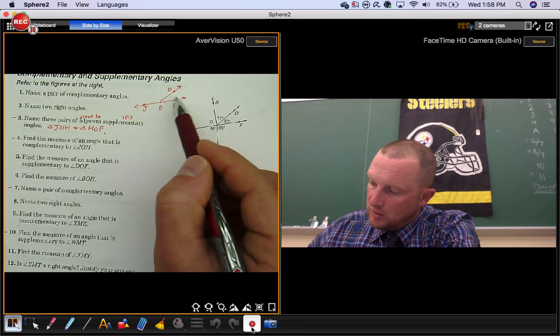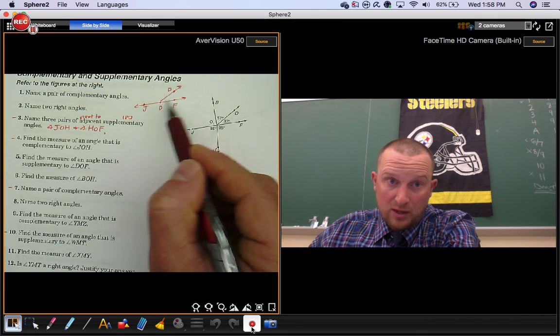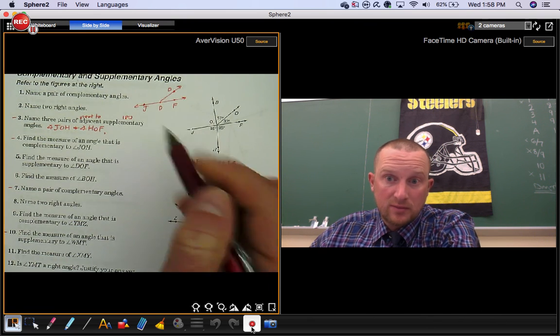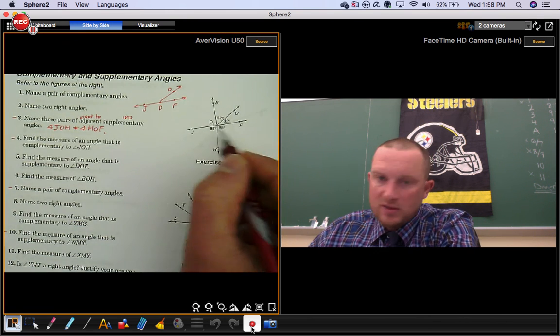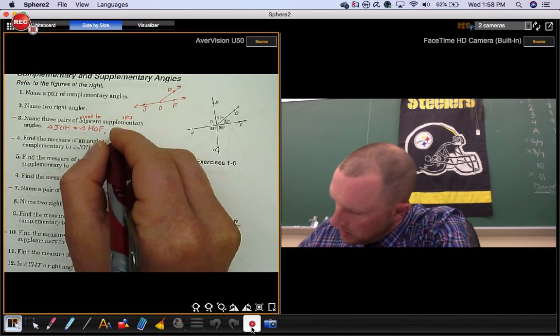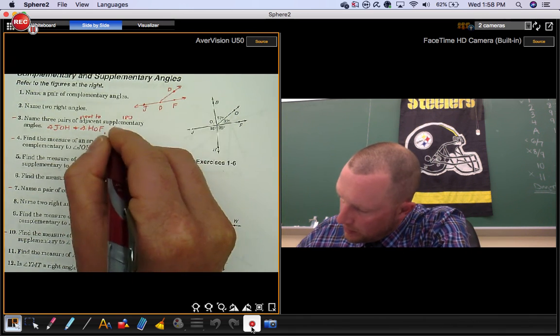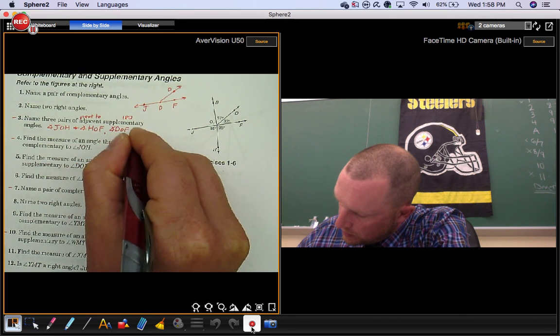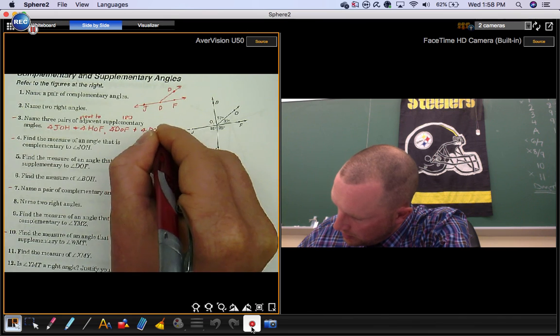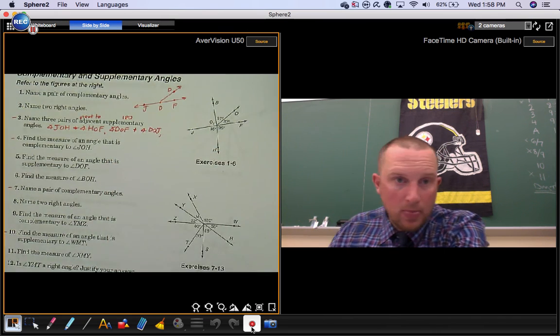Do you see 2 angles now that are next to each other that make a straight angle, 180 degrees? That's another answer. It's tough to see when there's all this other stuff on here, but if you draw it separately, it's way easier. So we'll call this angle DOF. And angle DOJ. That's 2 pairs.